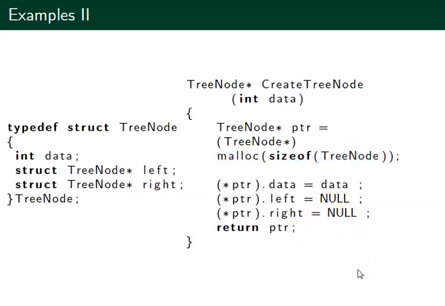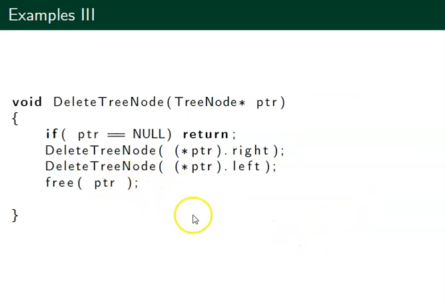Now, if you want to delete a tree node, what do you need to do? You will need to free the memory, basically. But remember, a tree node is not only this part of the memory, it's linked to its left and right children. So you recursively need to free the left and the right, and then free this tree node.